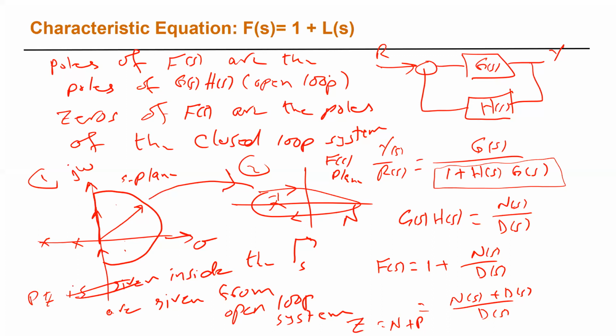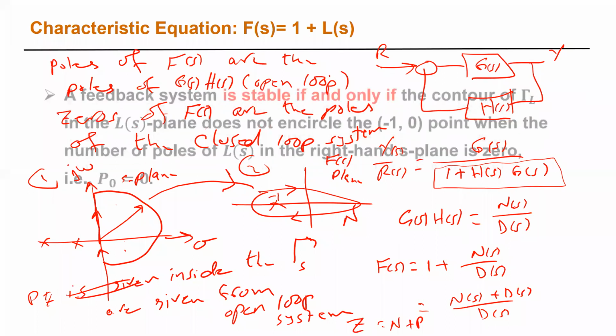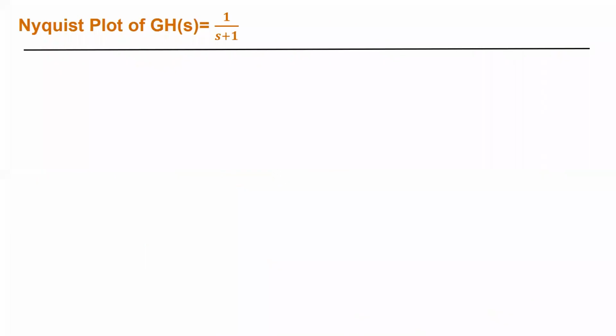Any questions? If there is no question, let's take an example. We are going to have several examples. Suppose I have the system and I would like to investigate its stability.